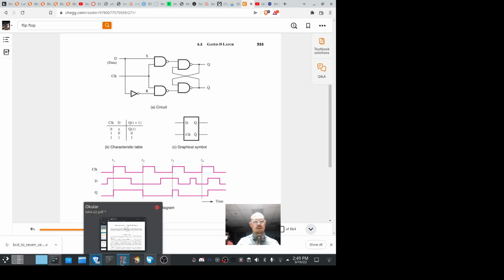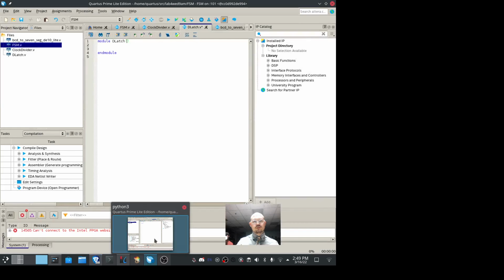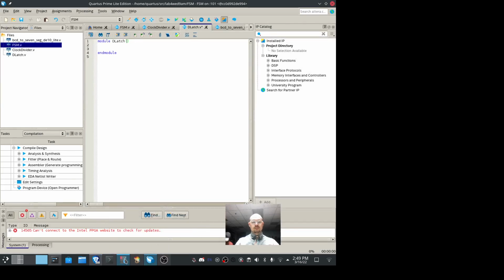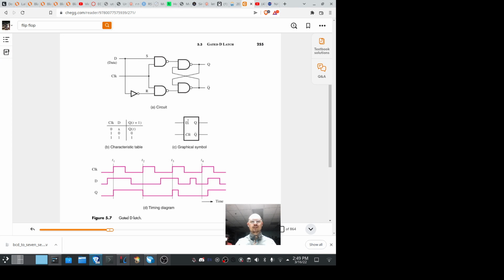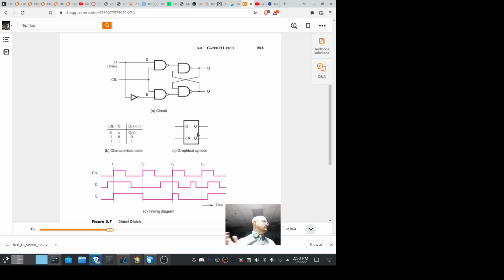So let's come back over to here. According to this design, we need a D, a clock, a Q, and we're not going to worry about Q naught because we're not going to use it anyways. You don't have to include Q naught in a latch if you don't want to.